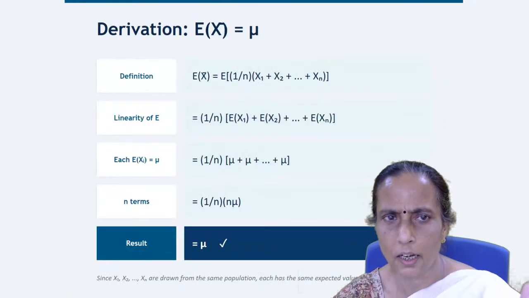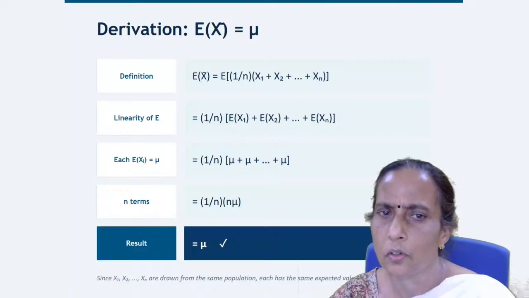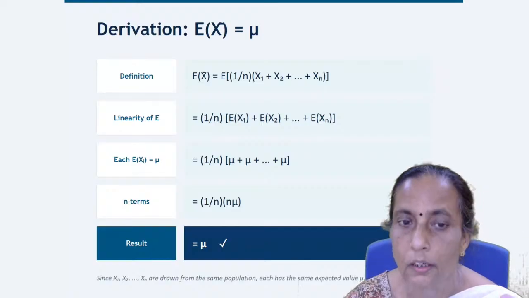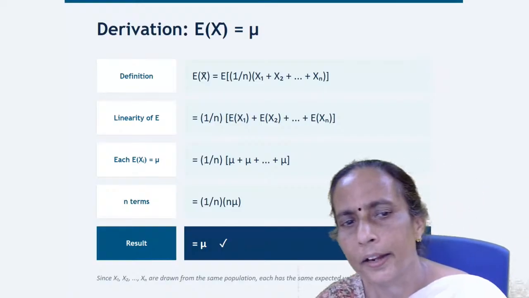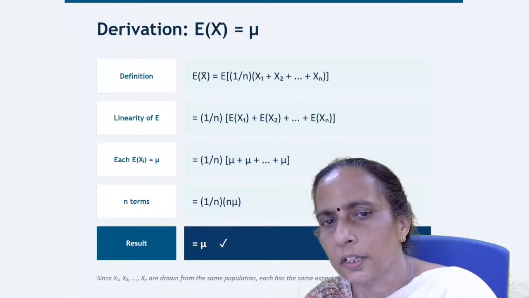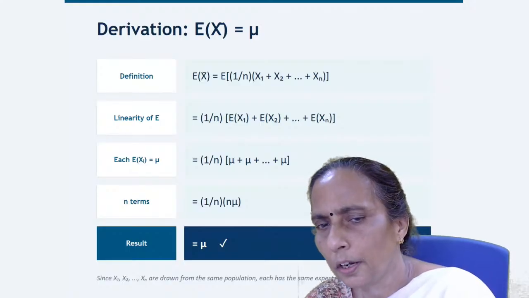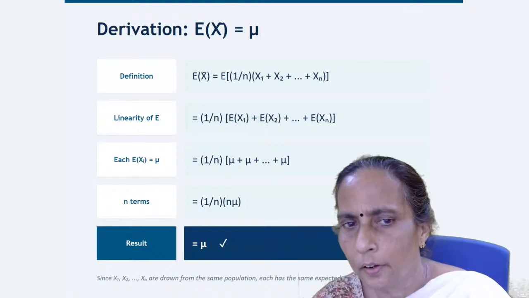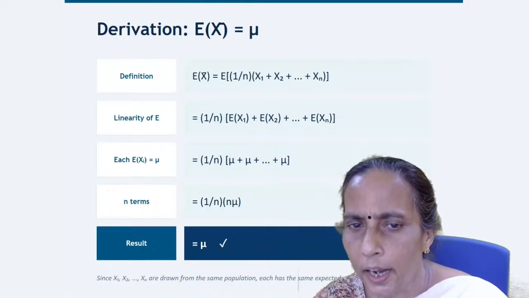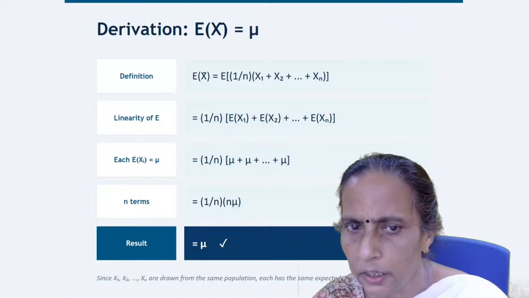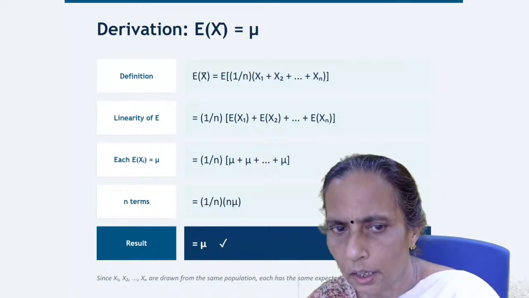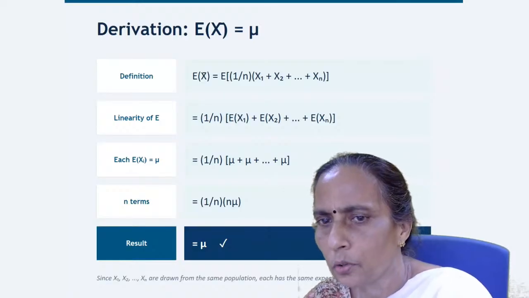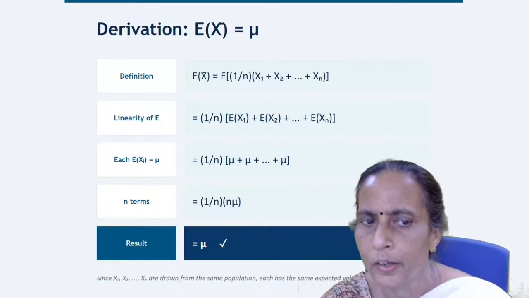These are the simple steps. The definition of expectation of x bar, we have discussed previously: expectation of x bar is equal to expectation of 1 upon n summation xi. By the linearity property of expectation, this is equal to 1 upon n times expectation of x1, expectation of x2, and so on up to expectation of xn.